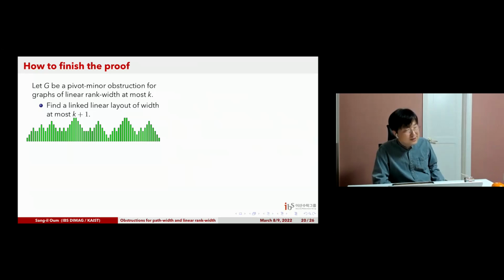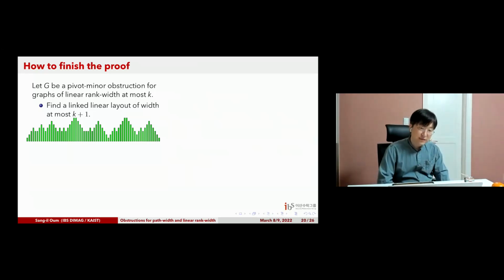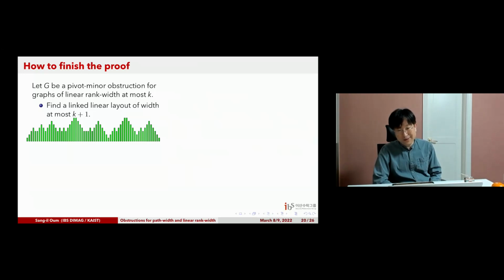Let's imagine that we have a pivot minor obstruction for graphs of linear rank-width at most k. Then obviously it has linear rank-width exactly k plus 1. So there's a linear layout of width k plus 1. Then by Nagamochi's theorem, there's a linked linear layout of width at most k plus 1.